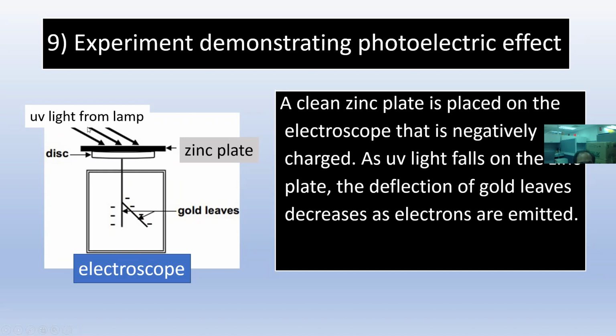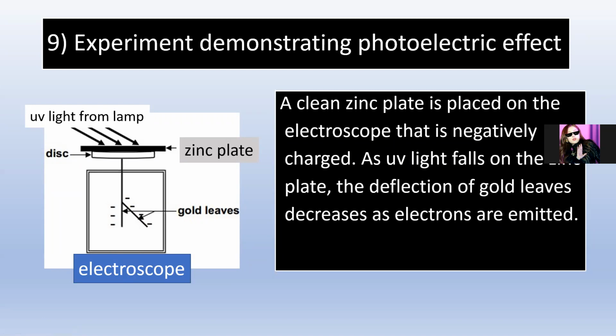So when we shine ultraviolet light, we see the gold leaf goes down. So how to explain it? The electrons must have been ejected. So as more and more electrons get ejected, the repulsive force between these two leaves becomes less and less. So the divergence will go down until no more electrons, then it will go back to its original position.